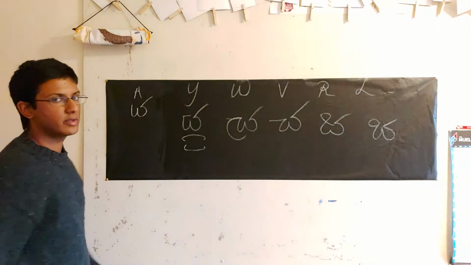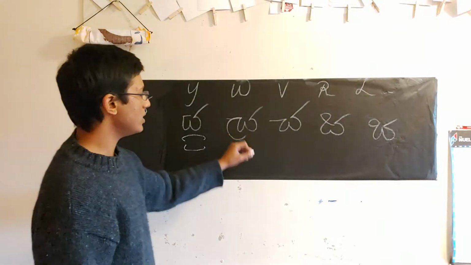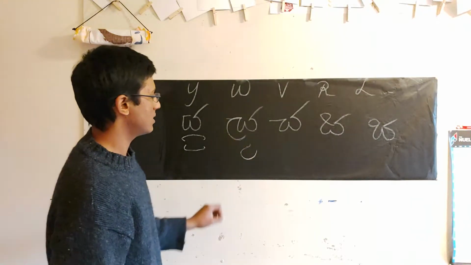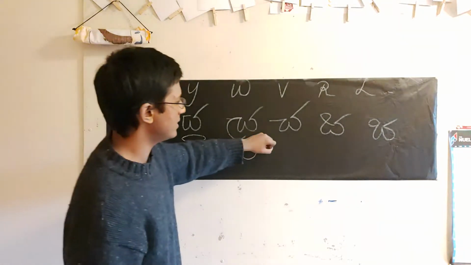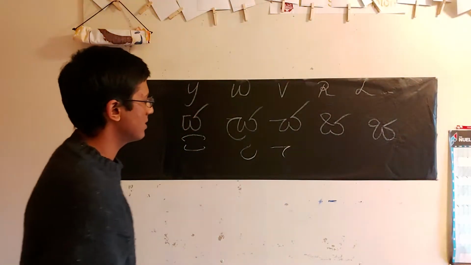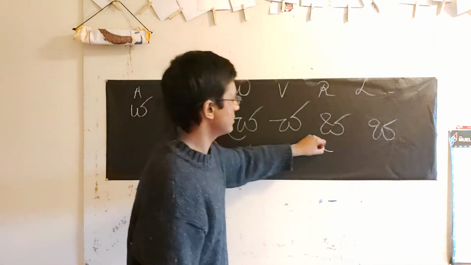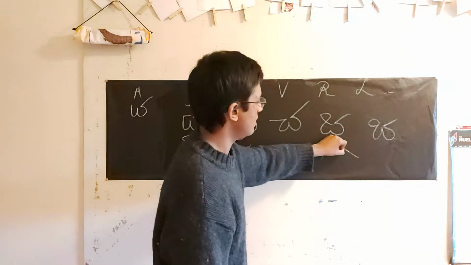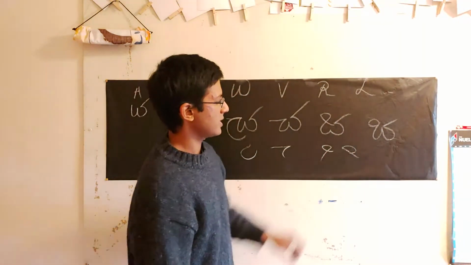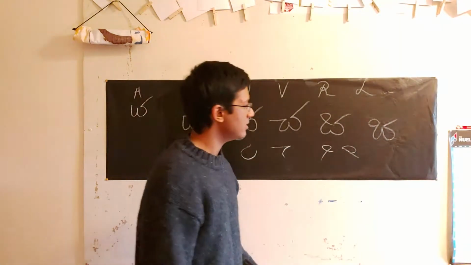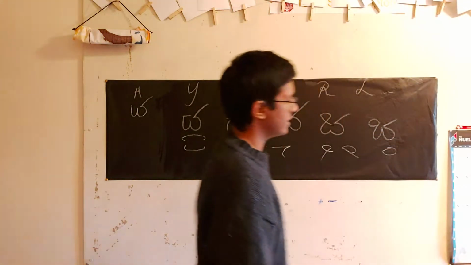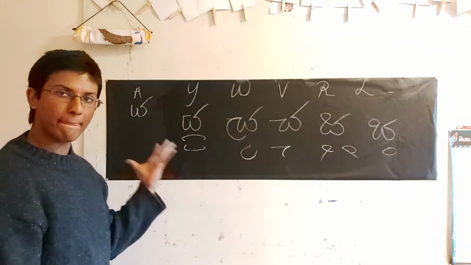It's often curved. The W sound is written as this, the V sound is written as this, the R sound is written as this, or this tends to be more often, and the L sound is simply a circle.